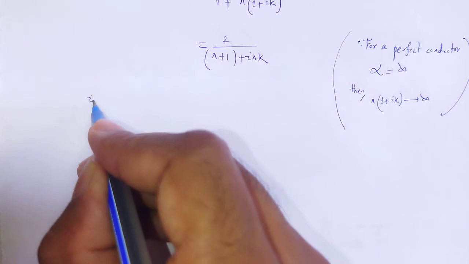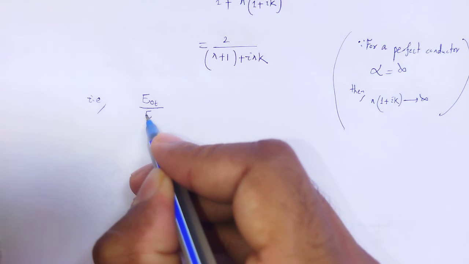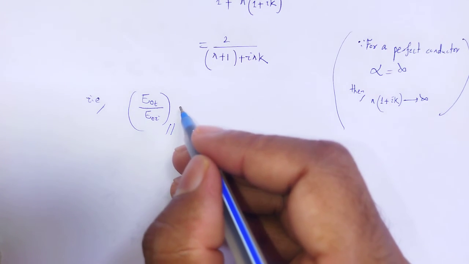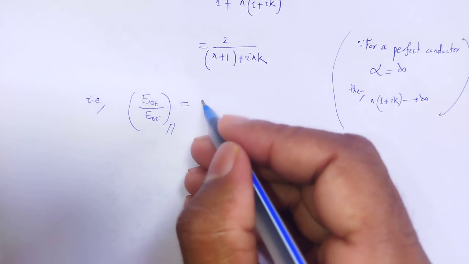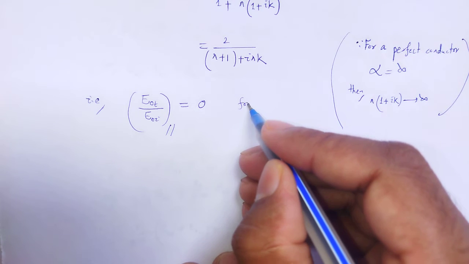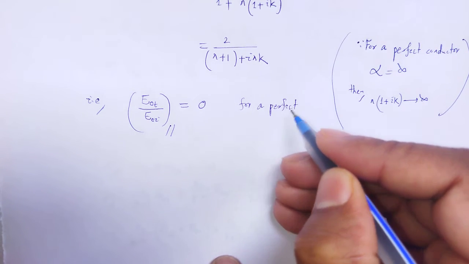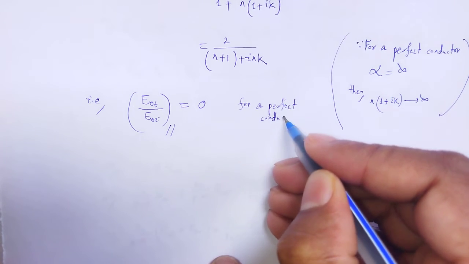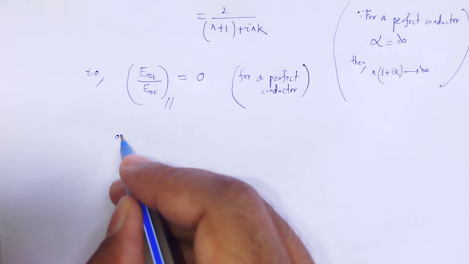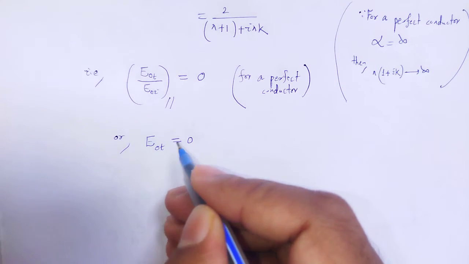That is, EOT divided by EOI parallel will be 0 for a perfect conductor. For a perfect conductor, that one is 0, therefore EOT is 0.